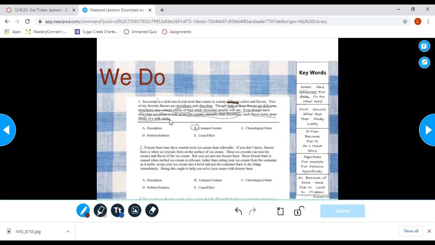Now go through and find your keywords and figure out which keyword associates with which text structure. Do that now.